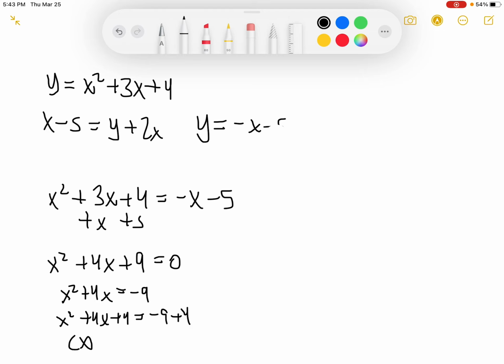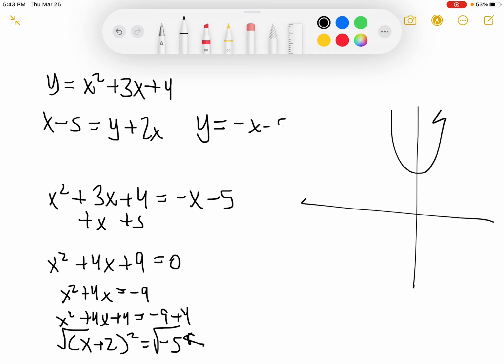Then we do x plus 2 squared equals negative 5. And then when you take the square roots, you notice you're taking a square root of a negative. That means that there's not any point of intersection for these.